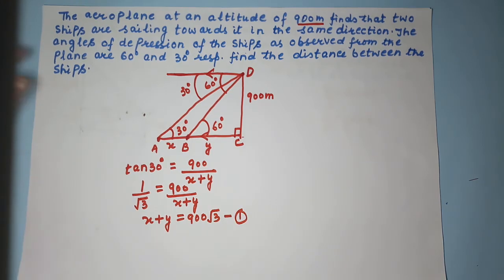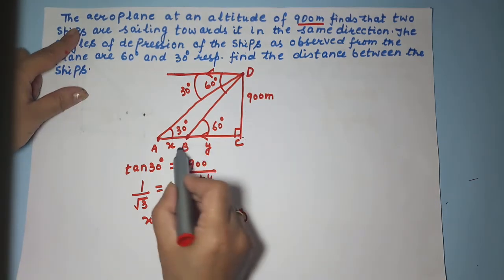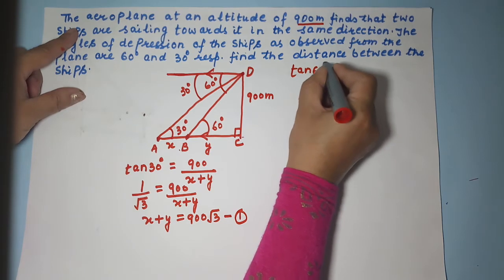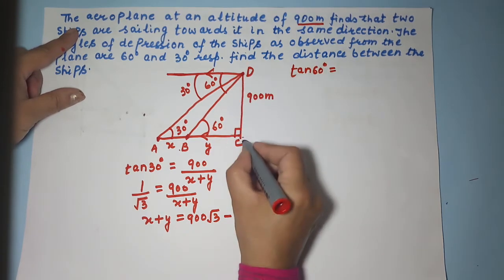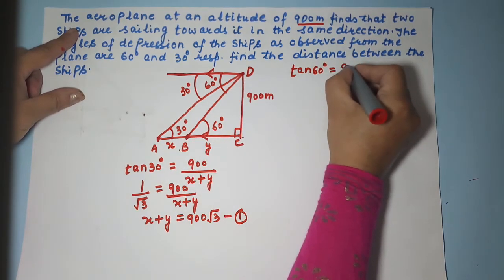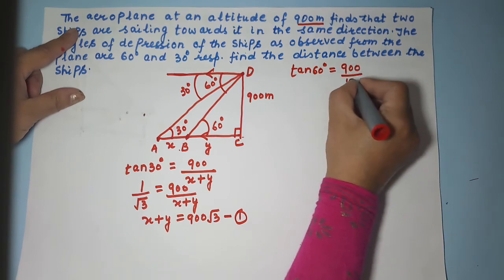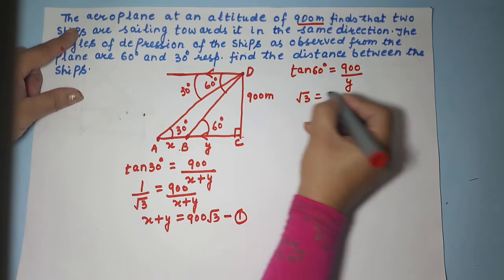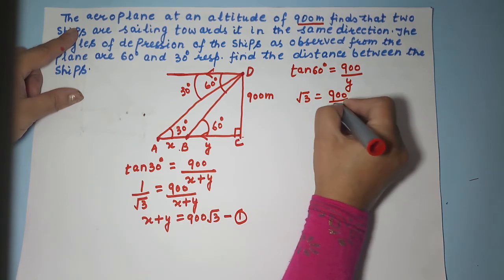Now, let's go to triangle DCB. In this triangle, tan 60 degree is equal to opposite upon adjacent. Opposite is 900 and adjacent is y. Now, tan 60 is root 3, equal to 900 upon y.